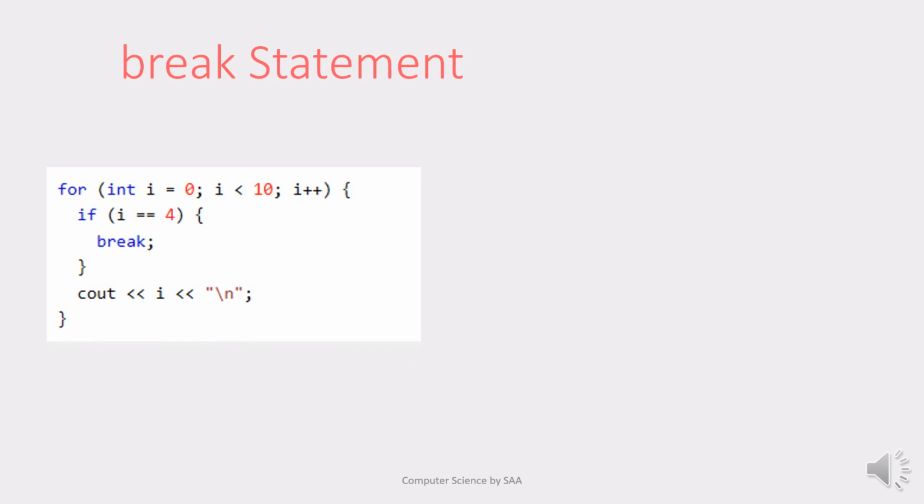So, this is the small code that I executed for the break statement. Here you need to understand, I have initialized a loop with the variable i equals 0. I have mentioned the condition i less than 10 and then i plus plus. If i equals 4, which means that when the value of i becomes 4, it will break and come out of the loop.